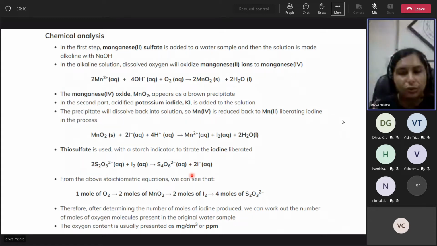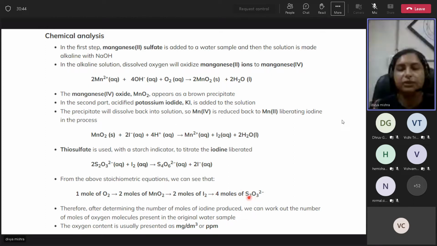Okay, so in this you can see that 1 mole of O2 reacts with 2 moles of Mn to give you 2 moles of MnO2, and these 2 moles of MnO2 will give you 2 moles of iodine. These 2 moles of iodine will react with 4 moles of sodium thiosulfate. So ultimately what we can correlate is that 1 mole of O2 corresponds to 4 moles of sodium thiosulfate.